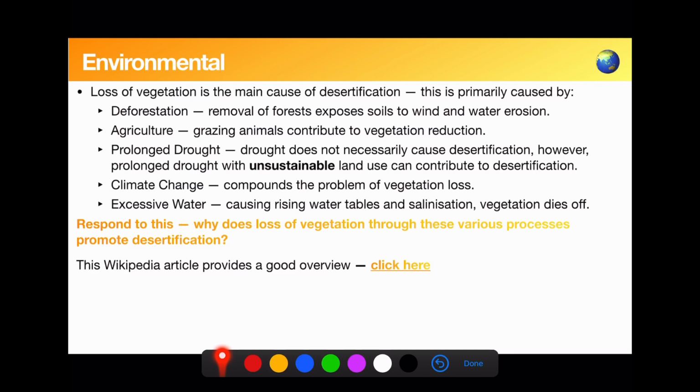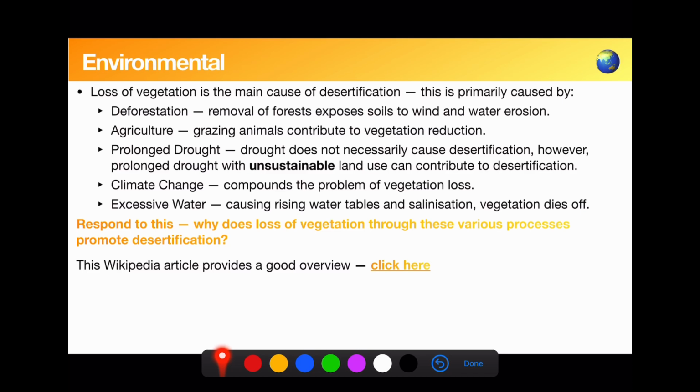What I mean by unsustainable land use is overgrazing of the land, or agricultural practices where there is excessive farming on the land. That's what I mean by it's not sustainable. The land actually never gets to recover. So combine that with drought, you're going to get desertification.